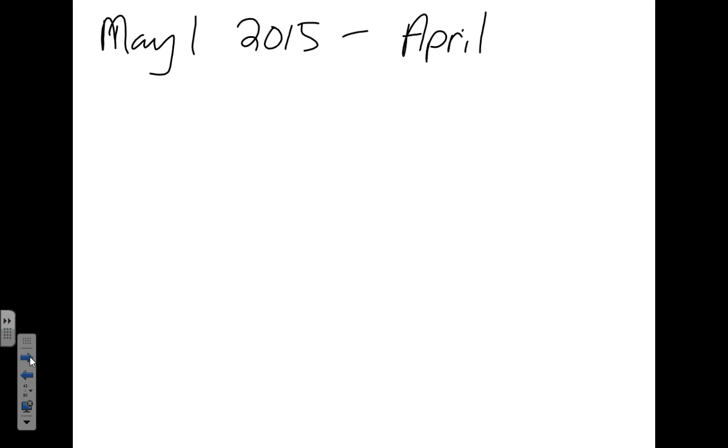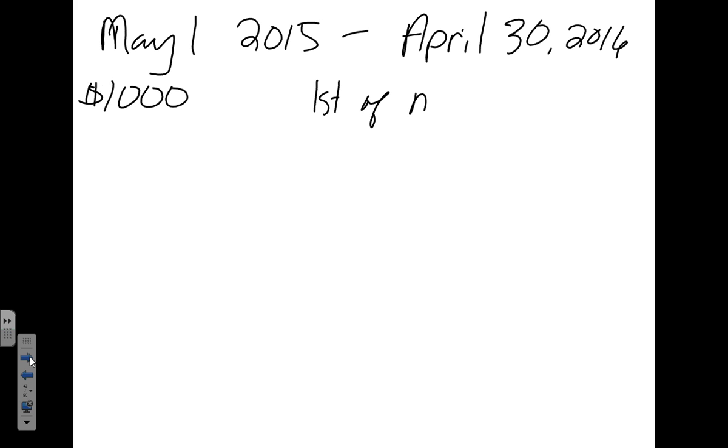Let's say that you make a contract, and that contract is from May 1 of 2015 to April 30 of 2016. And you're paying $1,000 a month rent due on the first of the month. So you're making 12 payments.